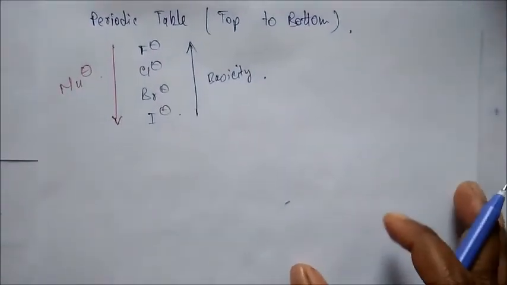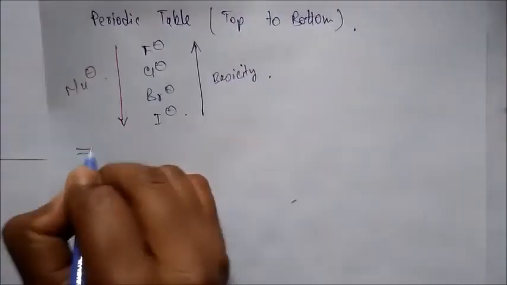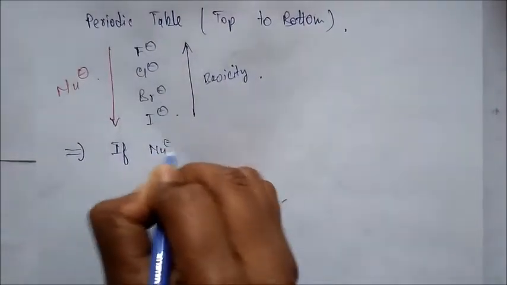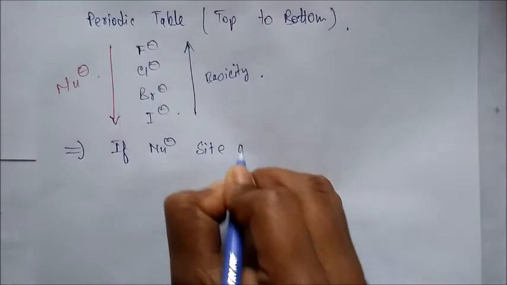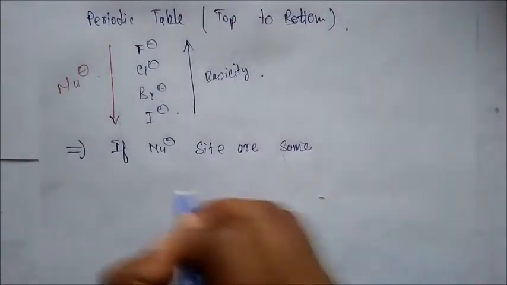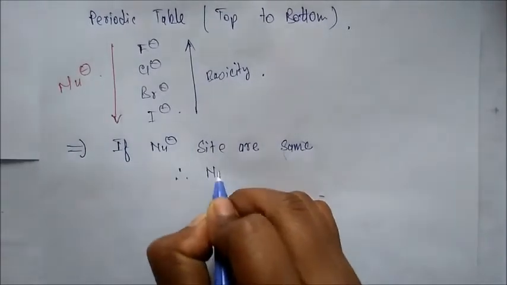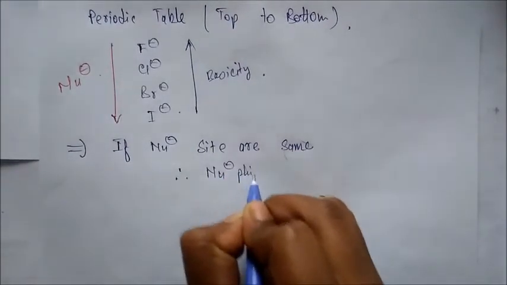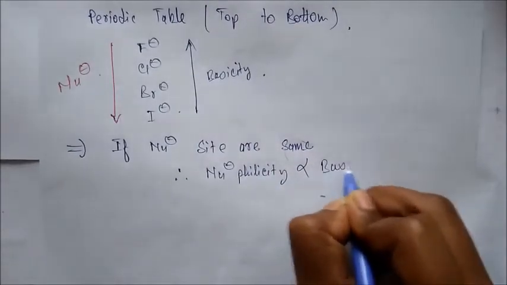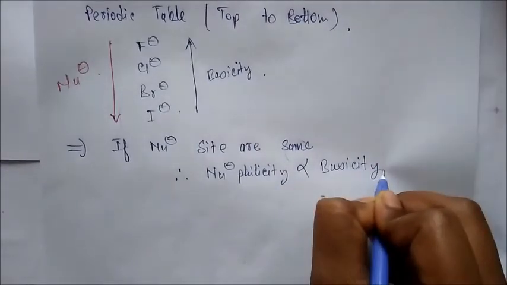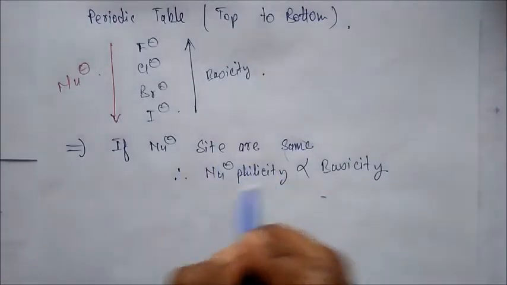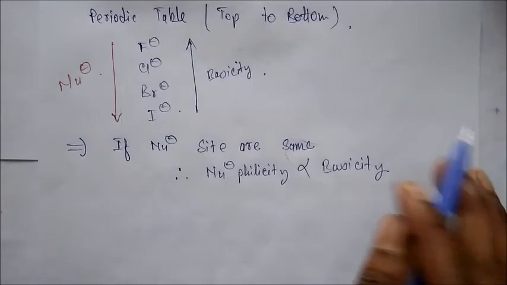The next point: if the nucleophilic sites are the same, then nucleophilicity is directly proportional to basicity. Okay. If the nucleophile sites are the same, nucleophilicity is directly proportional to basicity.